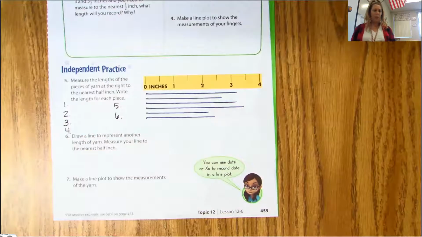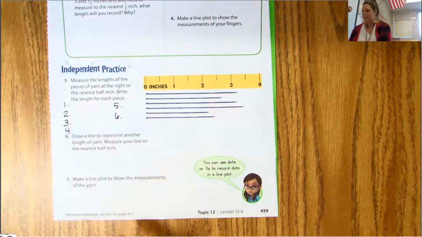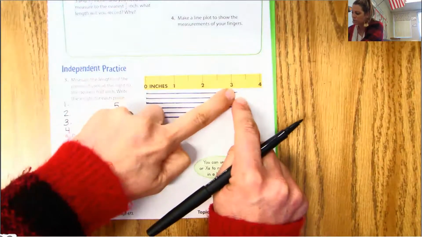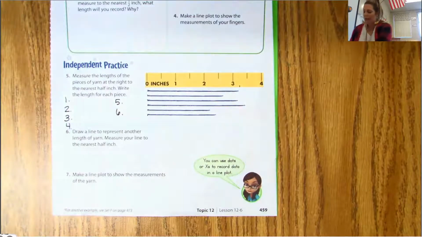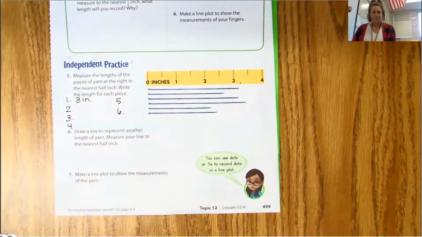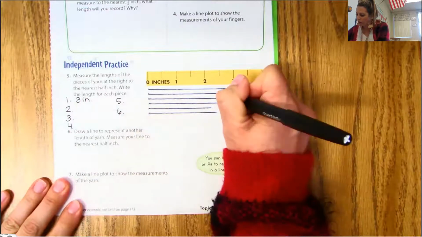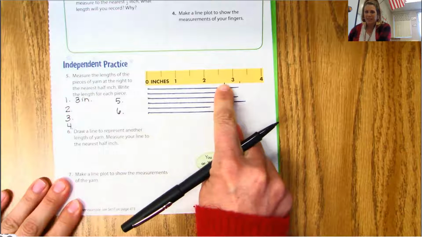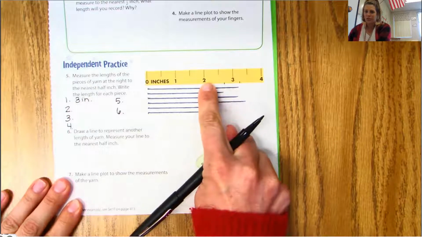So I'm going to number 1 through 6 so I know which each string represents. So if we look at string number 1, it is pretty close to the 3. So that would be 3 inches. Okay? If we look at string number 2, oh, look where that one is. It's kind of in between. It's not quite at 3, but it's longer than 2.